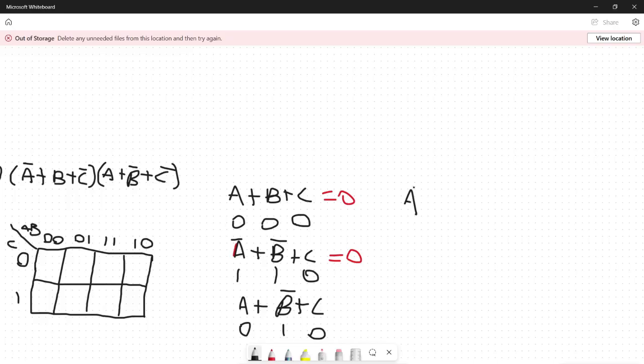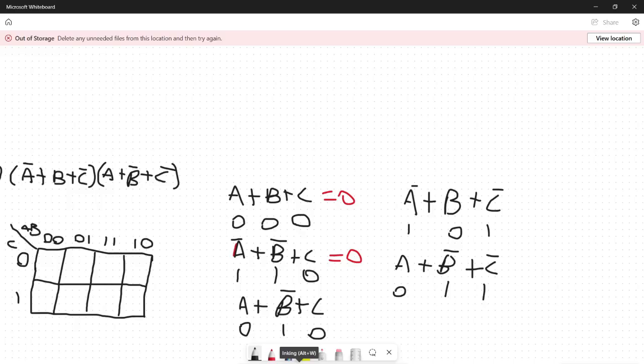And when A inverse plus B plus C inverse, well, that's going to be 1, 0, 1. And then A plus B inverse plus C inverse. Let me maybe erase that and put it up here. So now that's going to be 0, 1, 1.